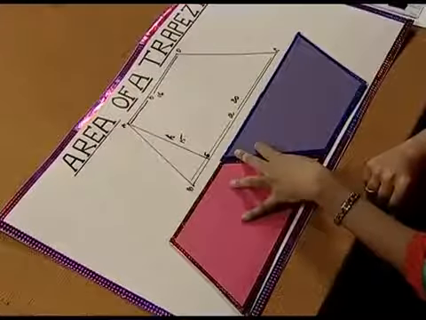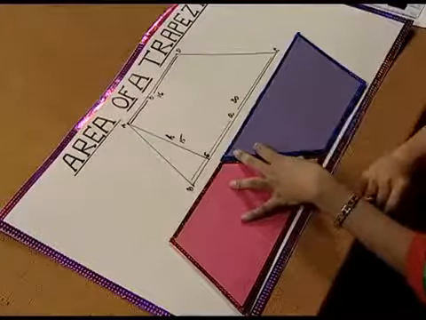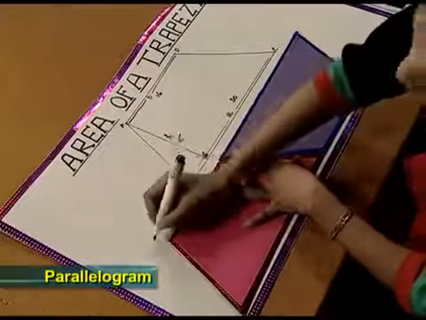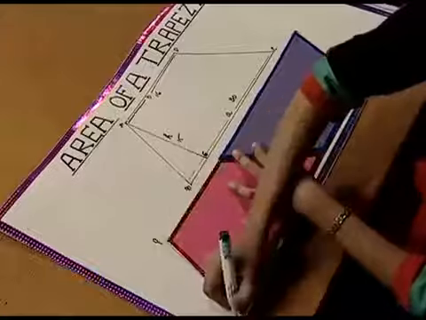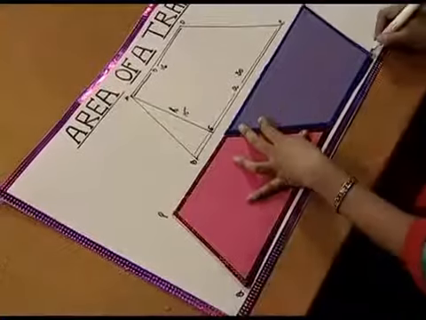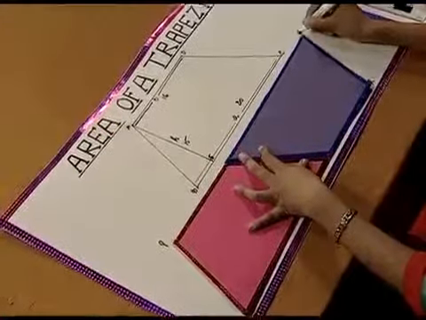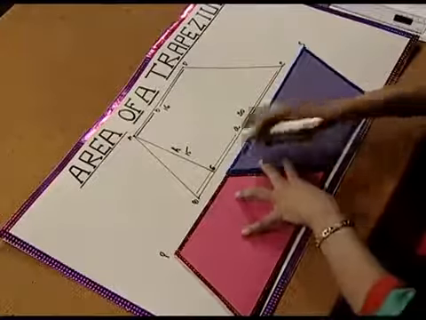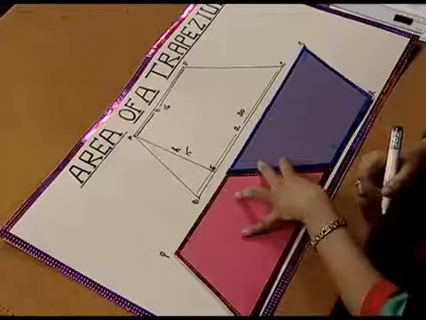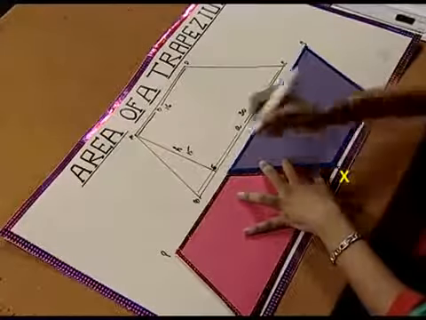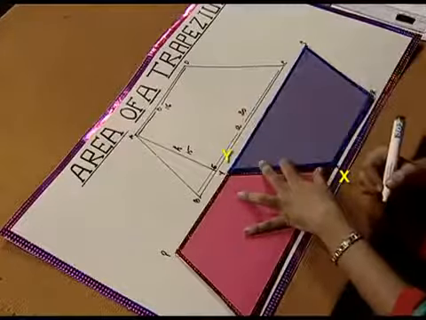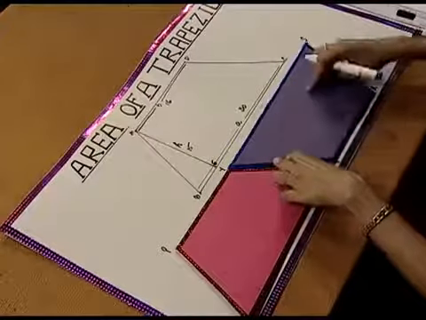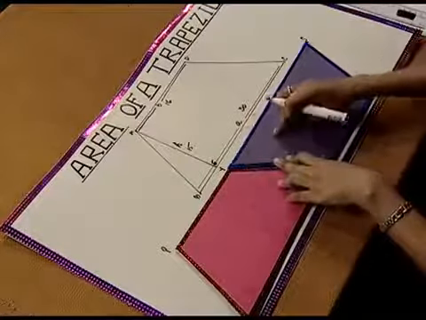And you can observe, what is this figure? It is a parallelogram. Let us name this parallelogram as PQRS. Let's name the meeting points of these 2 trapeziums as X and Y.